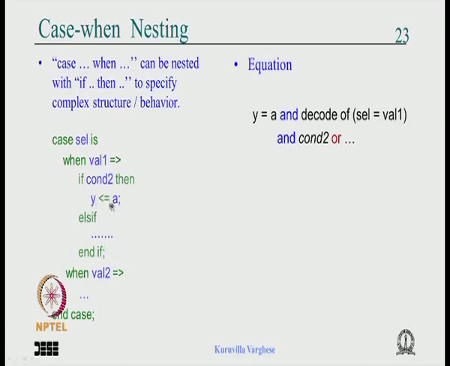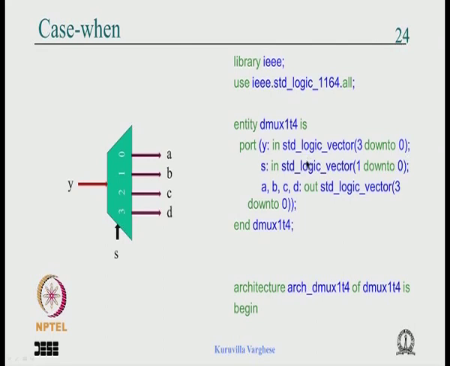If you look at this part, then the equation is y is a and condition 2 and decode of select equal to value 1, and condition 2, as I said, can be composed of the OR of many product terms. It expands; it is a little abstract way of saying the equation, but it can expand. And we have seen an example of a case when construct.